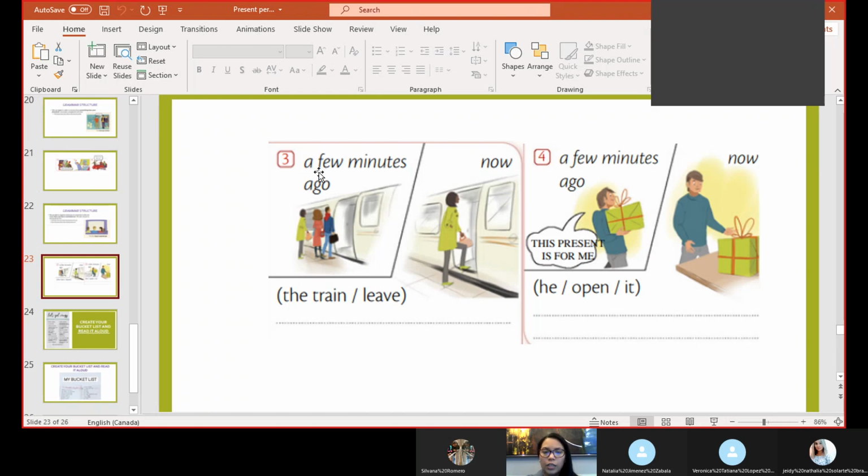So for example, the train has just arrived a few minutes ago, but the train is still there. The train hasn't left yet. Yes. So the train hasn't left yet.